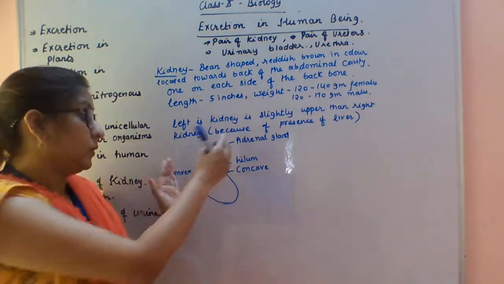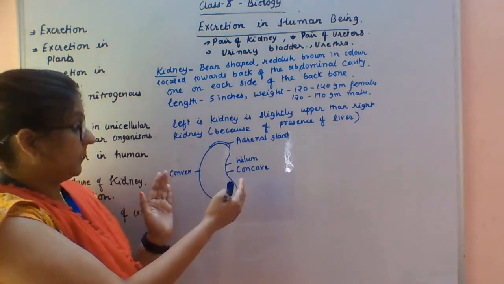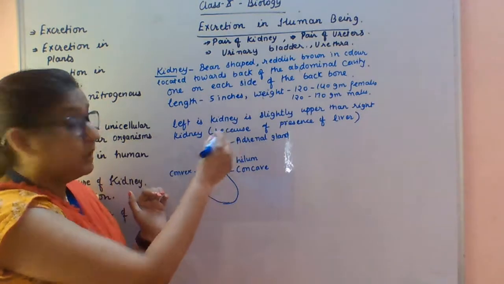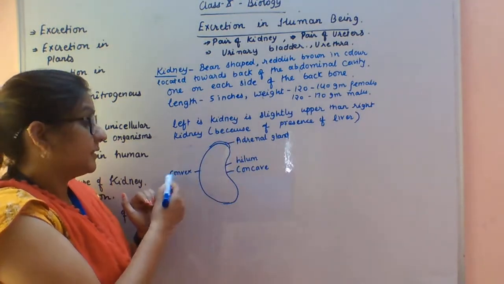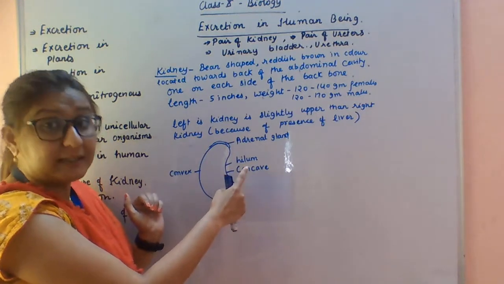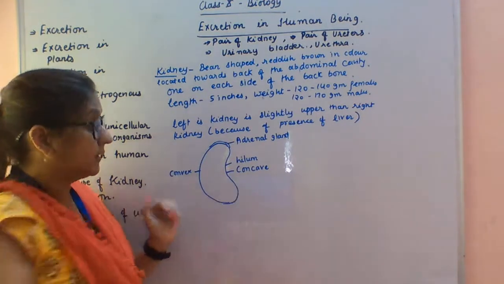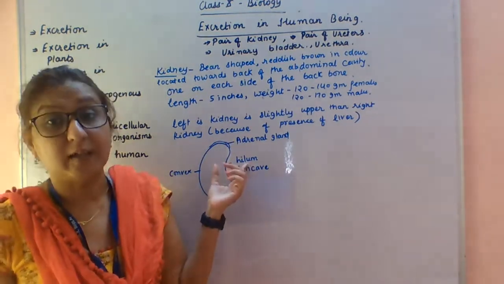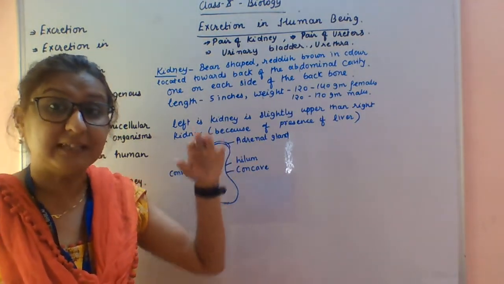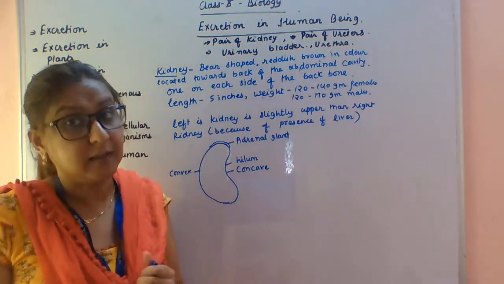As I told you, the kidney is bean shaped. Two sides are present: this is the convex side, and this is the concave side. The concave side is called the hilum. The adrenal gland is present on the upper side of both kidneys.